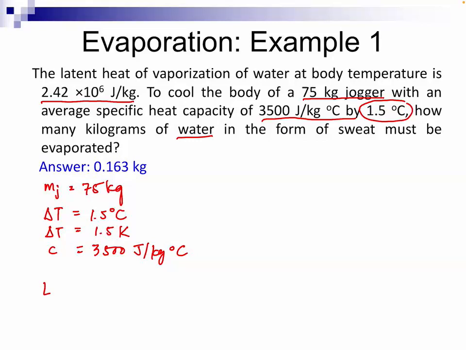The latent heat of vaporization for the sweat is given, 10 to the 6 joules per kilogram. And what we want to find is how much sweat needs to be evaporated in order to achieve this change in temperature, 1.5 degrees Celsius.